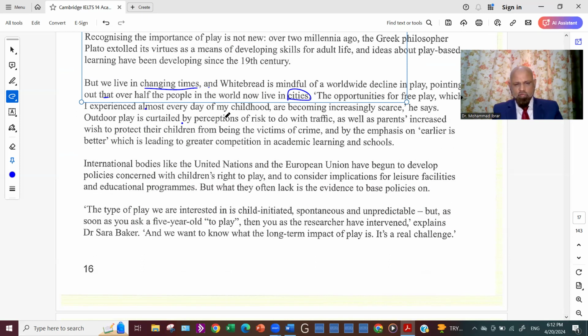I experience almost every day of my childhood. Says outdoor play, curtail. You see, restricted. That means outdoor play is restricted here. Again, curtail is a synonym of restricted or limited, to do with traffic. So fear of traffic. So outdoor play is restricted by parents because of fear of traffic. Again, risk is a synonym of fear.